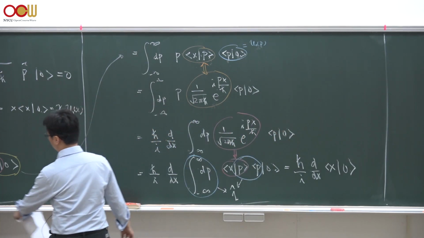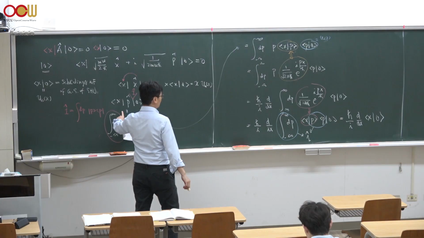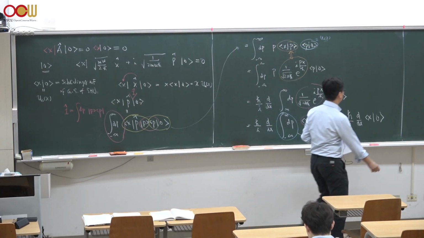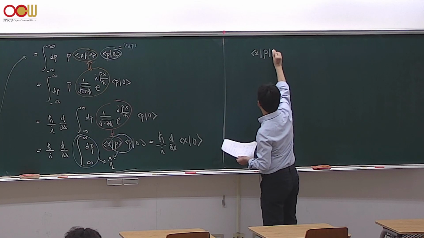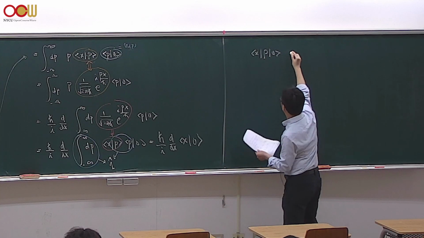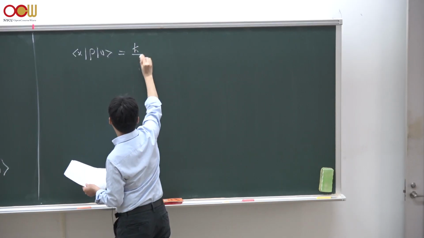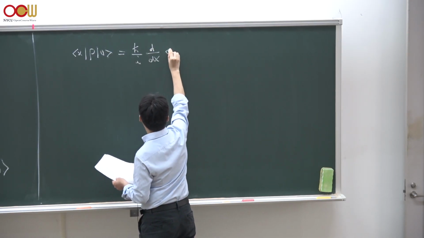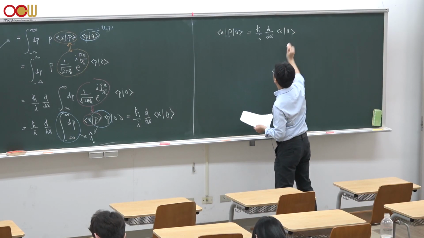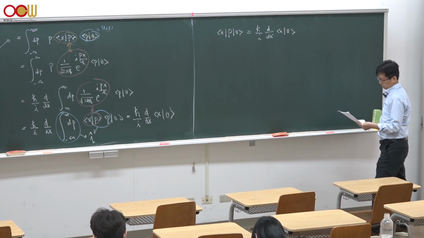So let me just summarize this result. So ⟨x|p|0⟩, at the end of the day, is given by ħ over i d/dx of u0(x), right? But what is this?